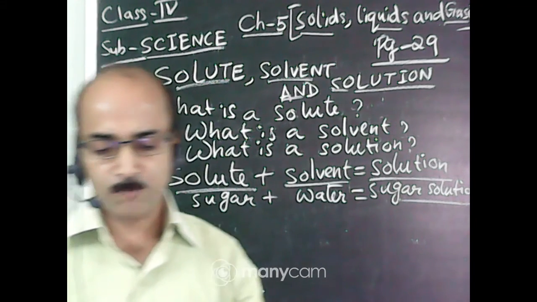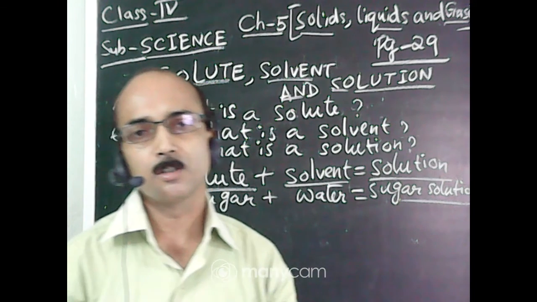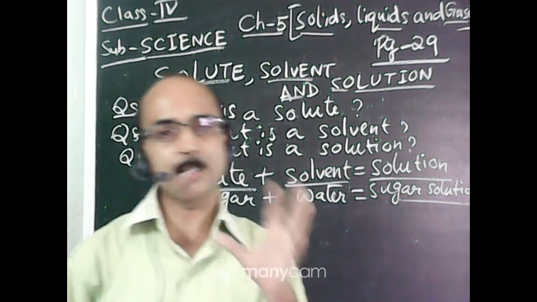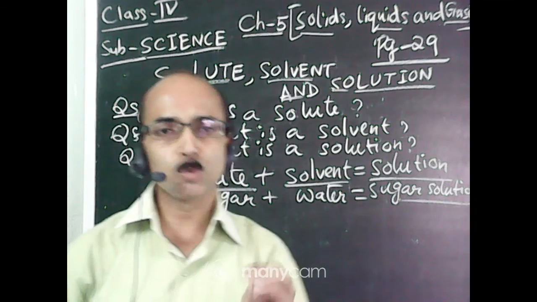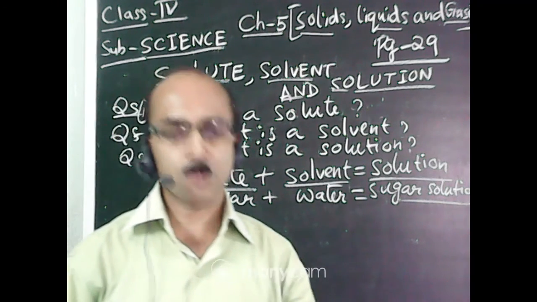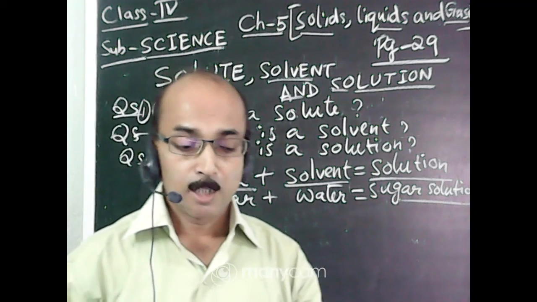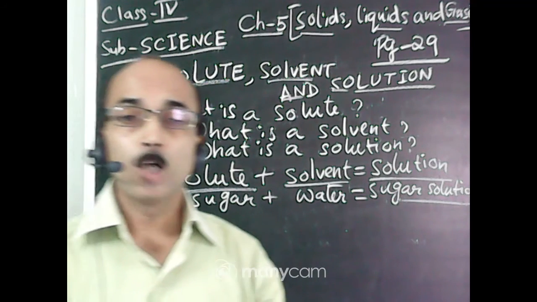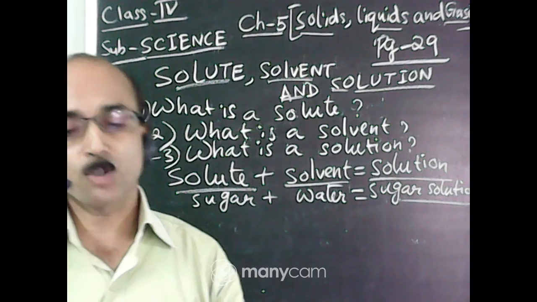So when they are filled up and no more solute can be dissolved, some bit of sugar can be left because all the empty spaces are filled up, so no more sugar can be dissolved. When this type of solution is there where no more solute can be dissolved, that is called saturated solution.